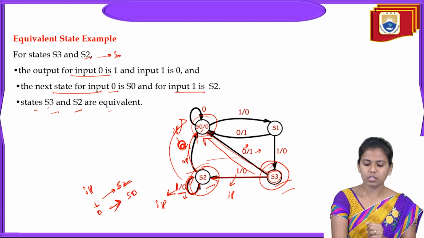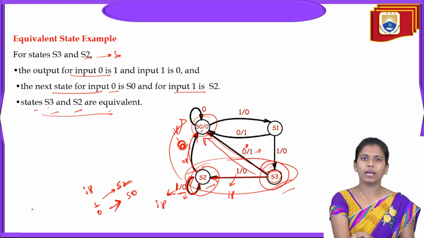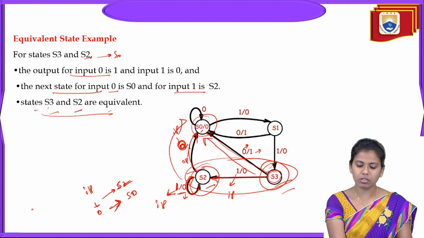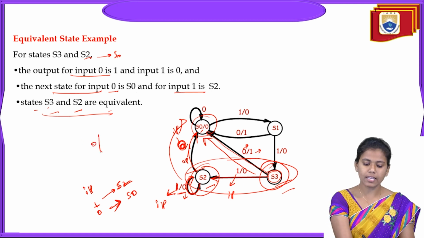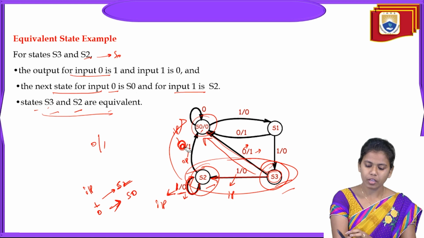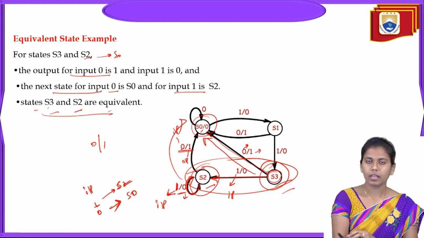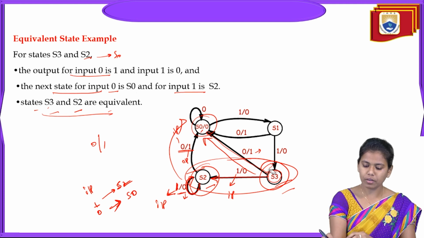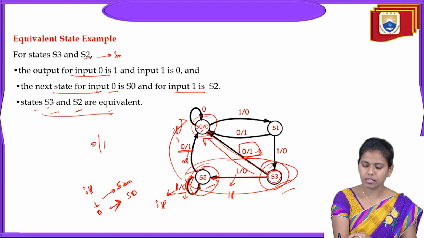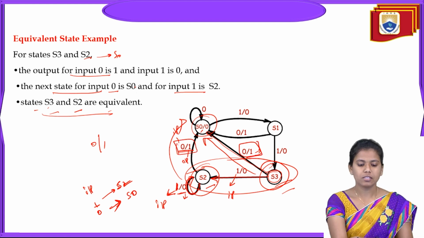So these two states are equivalent. Why? Because the input 0 with output 1 from S2 to S0 is the same as from S3 to S0. So we call these two the equivalent states.